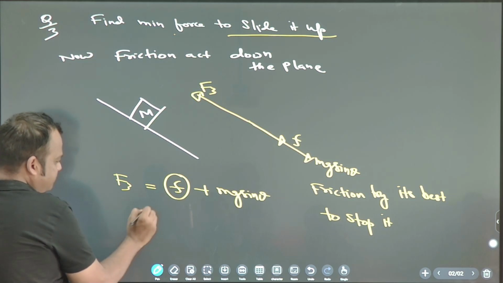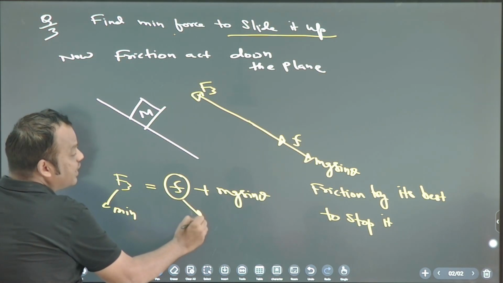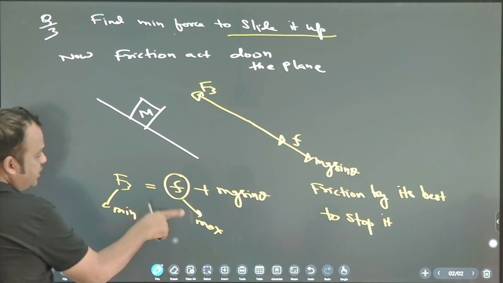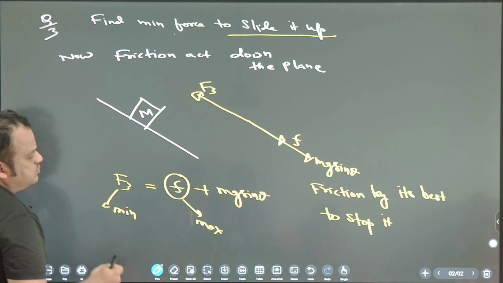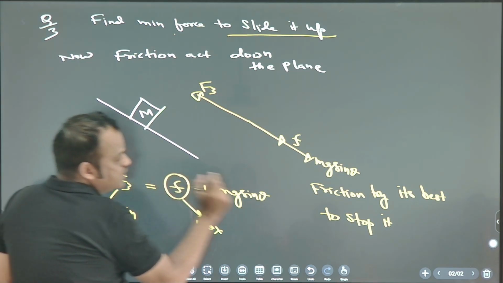So when this is minimum, this is maximum. Friction is maximum. You have to understand this, because I want the block to move up. So friction will act down, and maximum friction will be there.